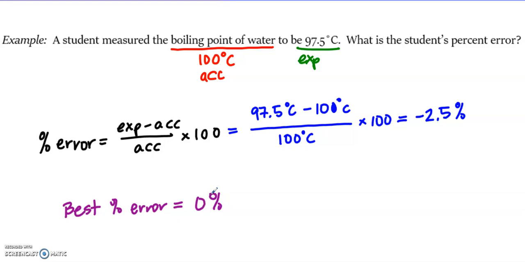No, there's all sorts of errors and things that could happen that we'll discuss more as we do more labs. So the best is 0. The worst is, I mean, you could even have more than 100% error depending on how far off you are. So the lower your percent error, the better you collected your data and the closer you were to the accepted value. But like I said, it's not always possible to have a 0% error.